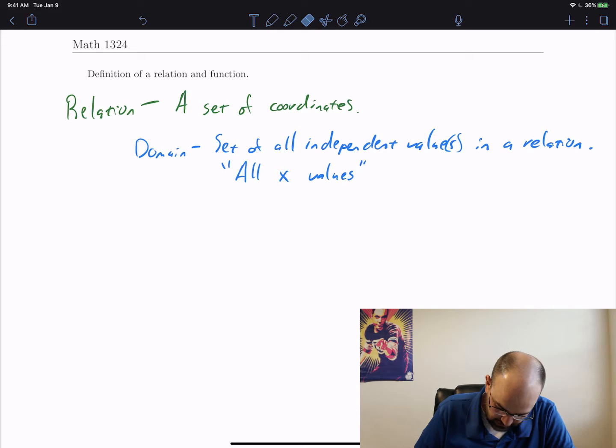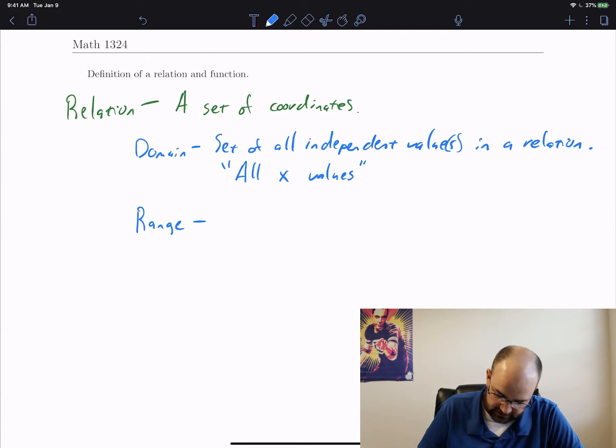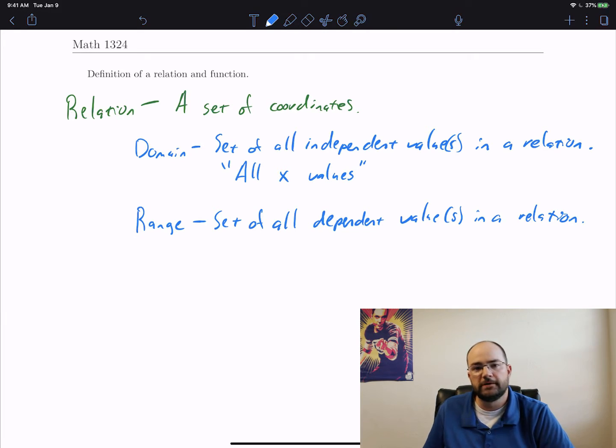As for the next one, we have range. The range is very similar to the domain in the sense that it is the set of all dependent values in a relation. That's really all it is.